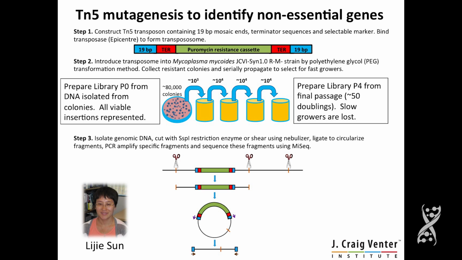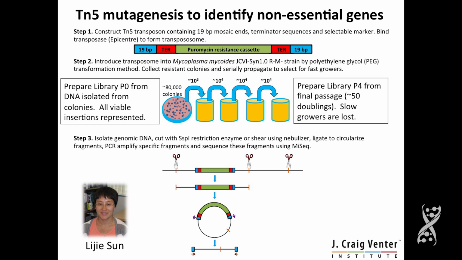This is a mini transposon. Anything you put between the 19 base pair blue ends here makes up the transposon. And so we put in a puromycin resistance cassette, and we put in a couple of terminators on either end.